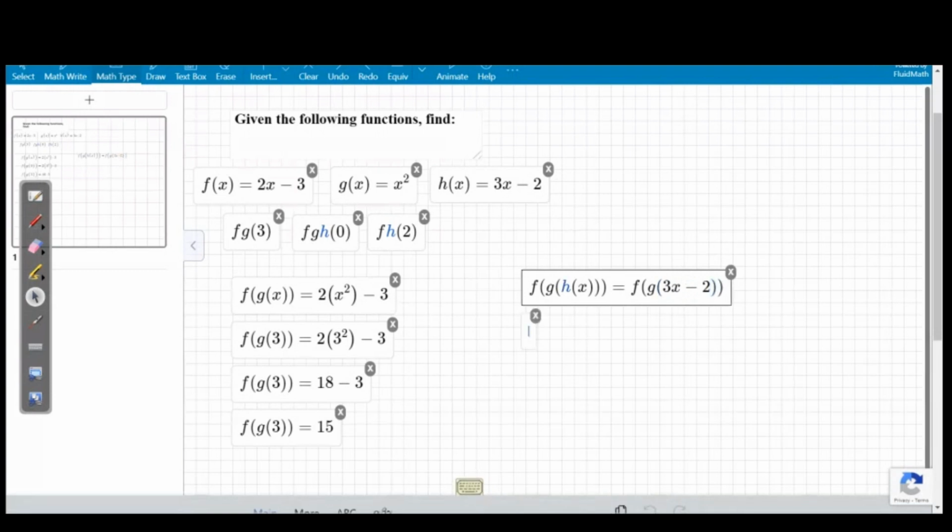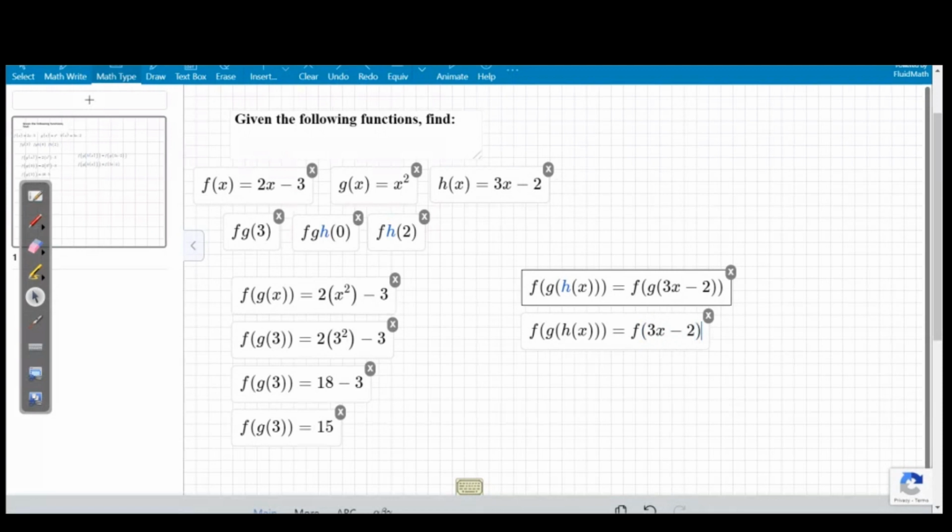And this gives us f of g of h of x. This becomes, so we plug in 3x minus 2 into g of x. This becomes f of, now this is 3x minus 2.